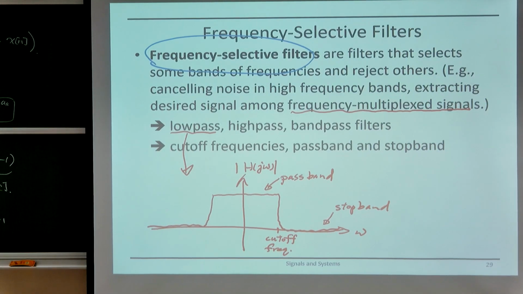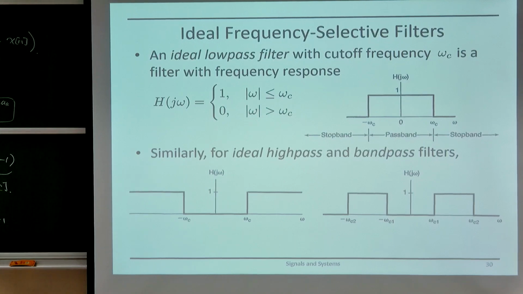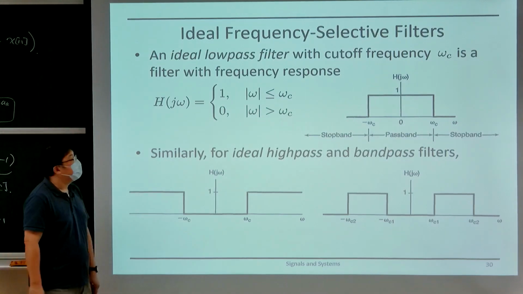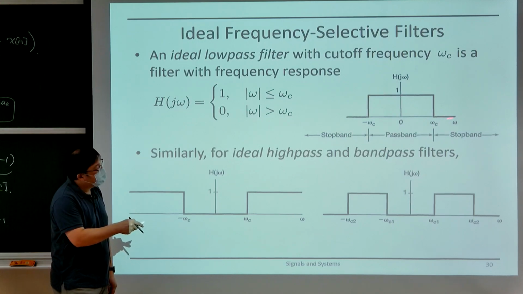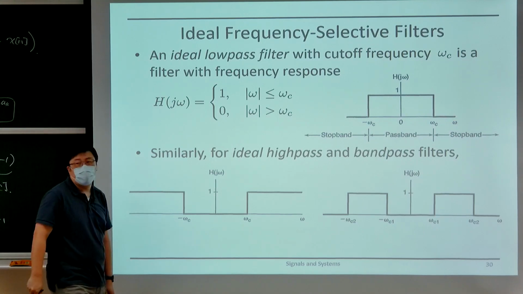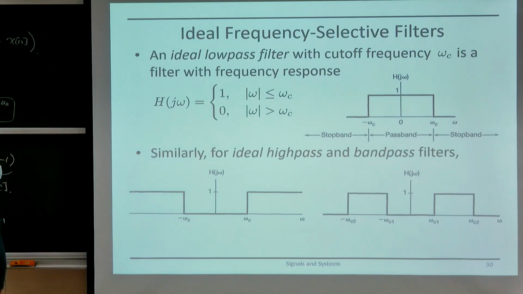All of this is relative to the ideal frequency selective filter, which assumes that you can perfectly let through signals in the pass band, perfectly stop signals in the stop band, and transfer from one to the other immediately.